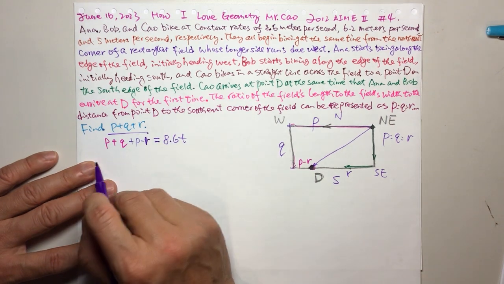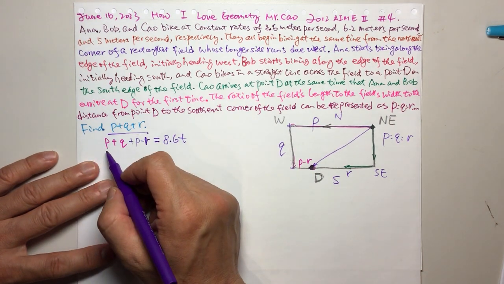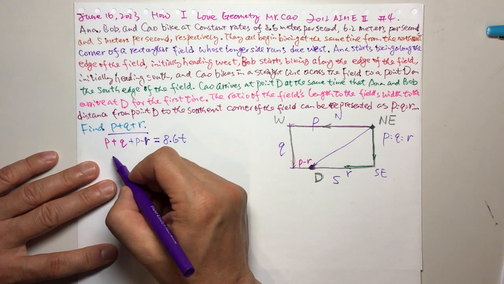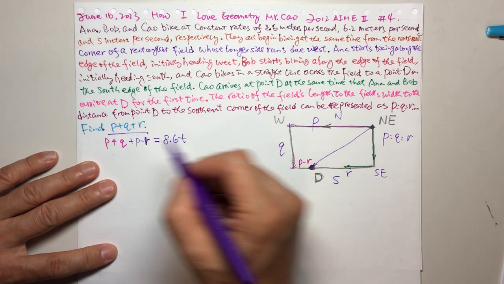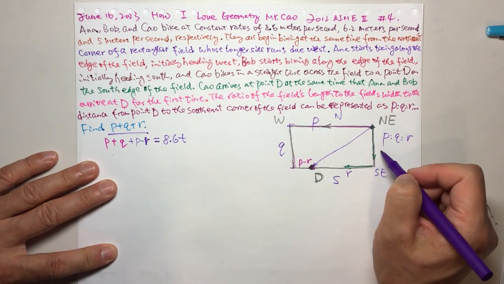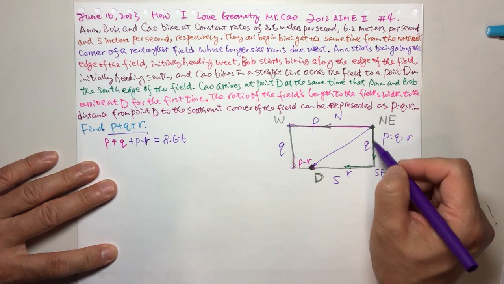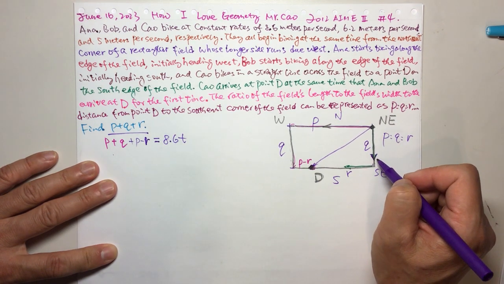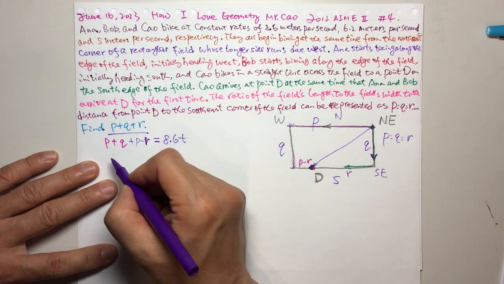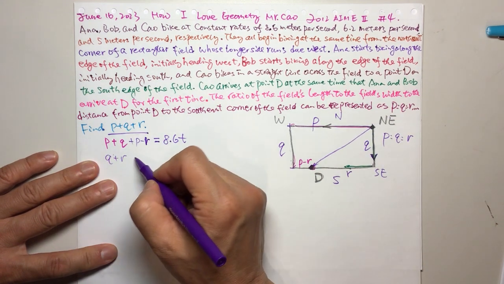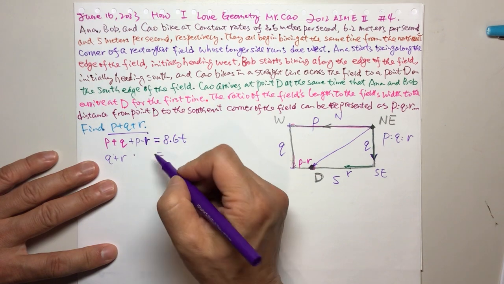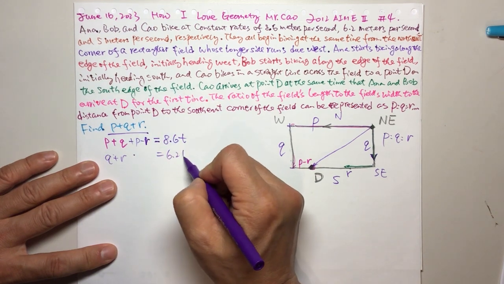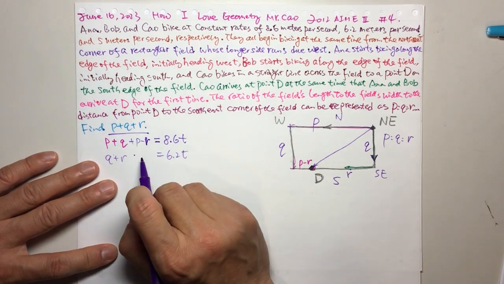So we got the first equation. The second one is easy, right? Q, this is Q for the second guy B. Q plus R equals 6.2t.